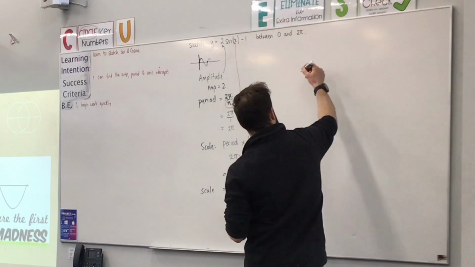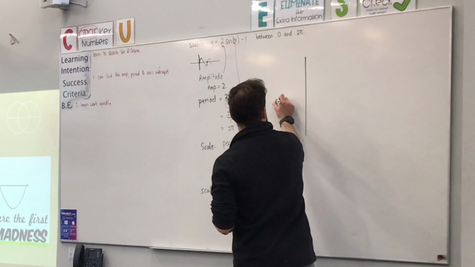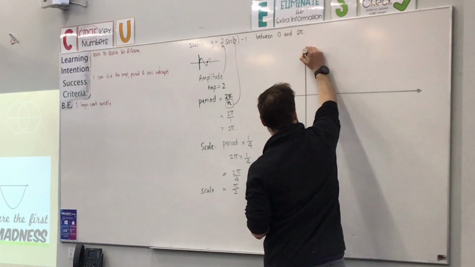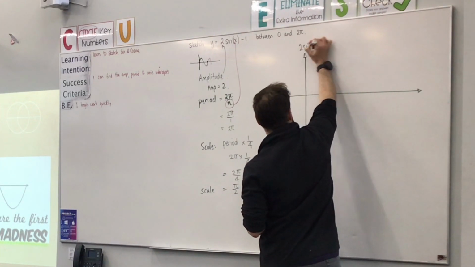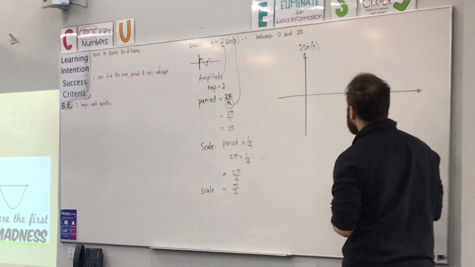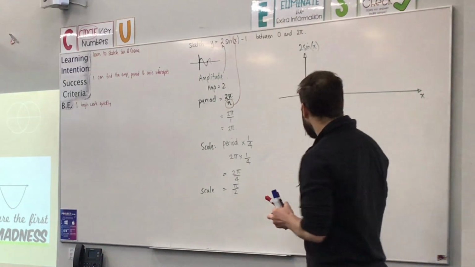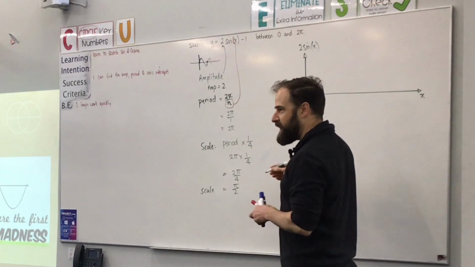Okay, so now I move to drawing my nice graph. Axes. This is sine or 2 sine x that I'm going to draw. And this is my x value. These are my angles. This scale value I'm going to use to make my little markers on my x scale.